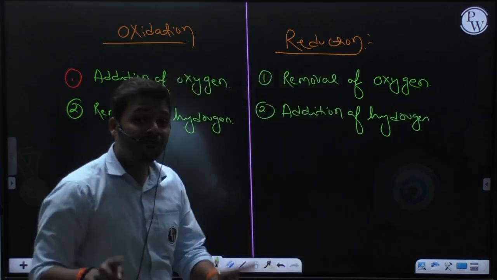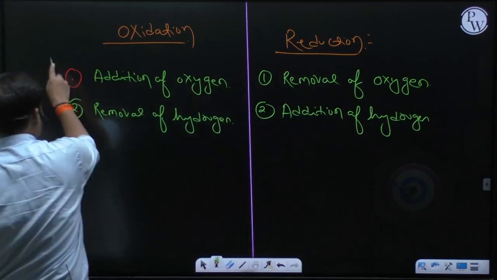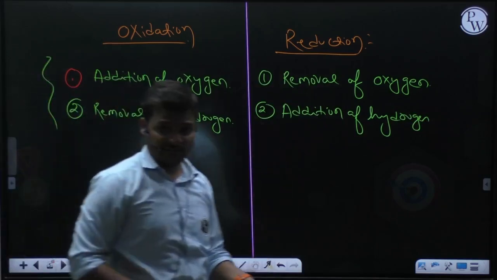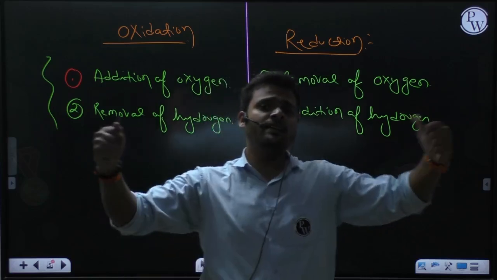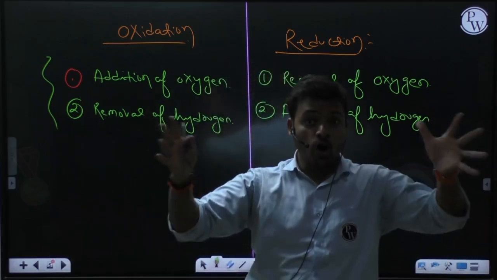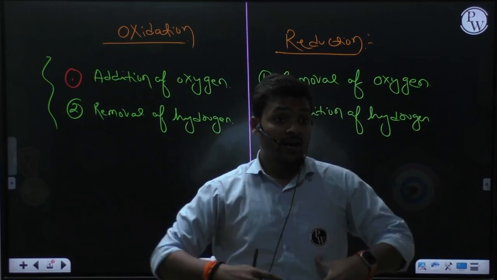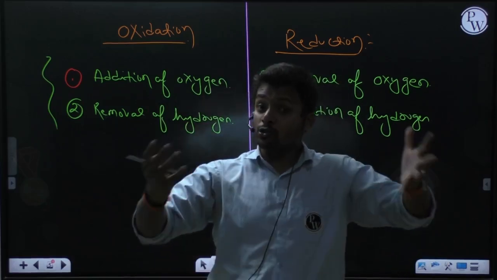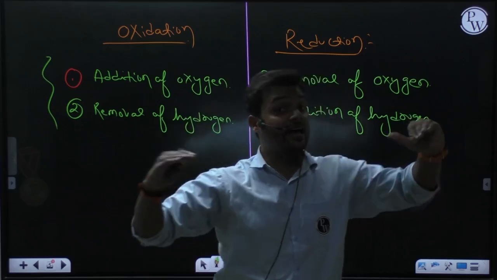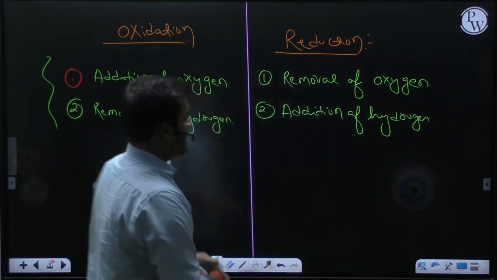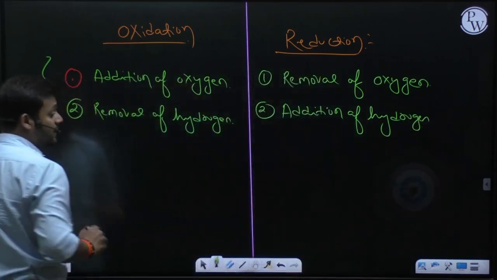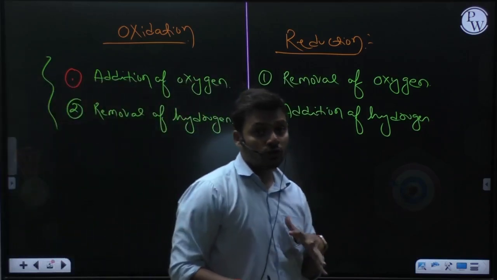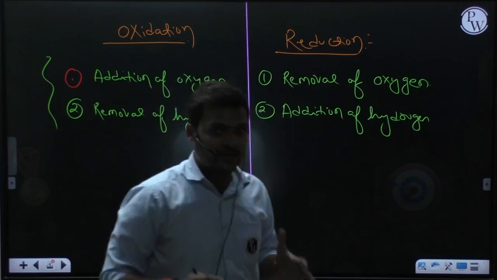But to make it very clear, these two definitions were the conventional definitions, or the very classical definitions. But in the modern era, in the world of contemporary society, the definition has been changed. Now we define oxidation and reduction in terms of losing and gaining of electrons, right?